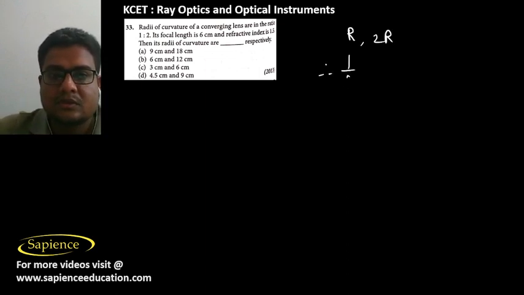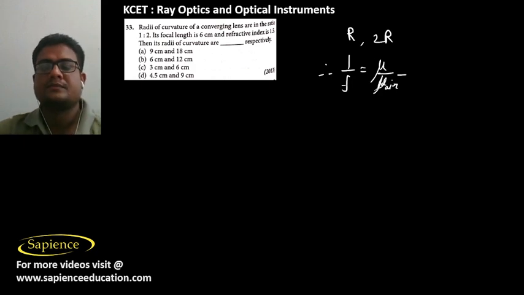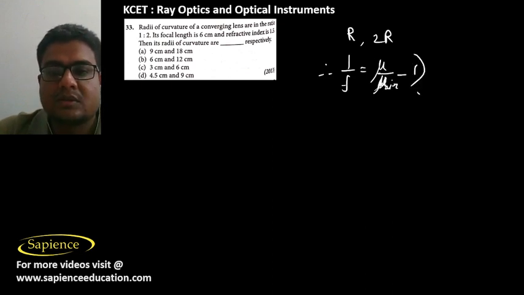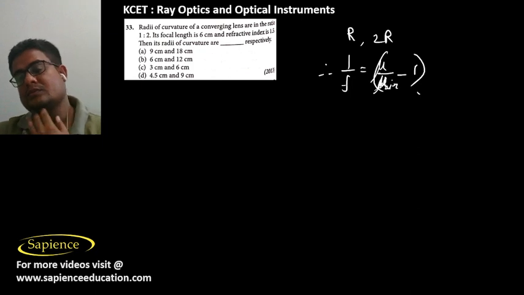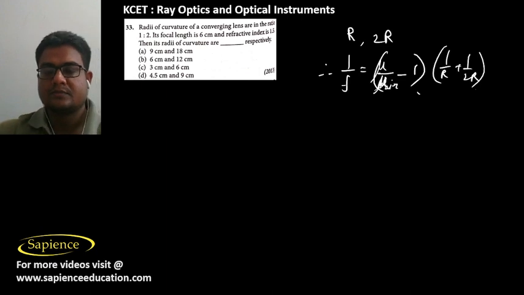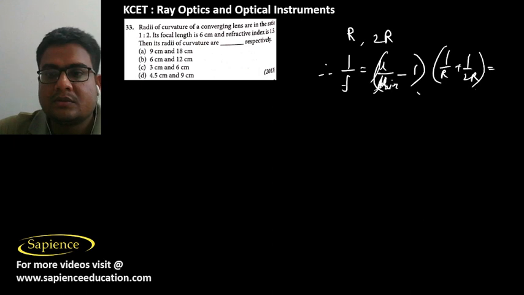So then therefore I can say 1 by f is equal to the refractive index of the lens by the refractive index of air minus 1 into 1 by R plus 1 by 2R. And this is equal to 1 by 6 centimeter inverse.